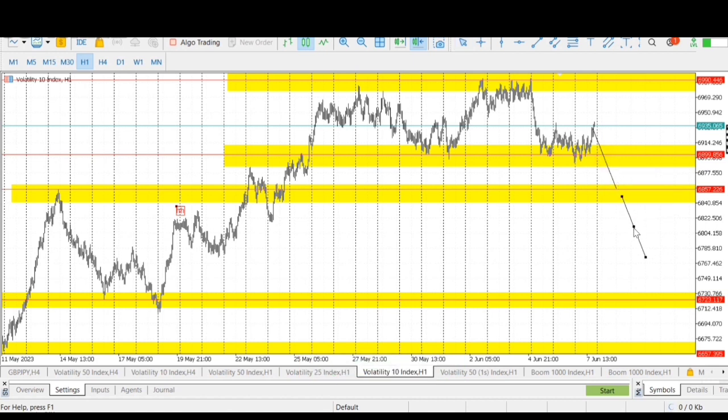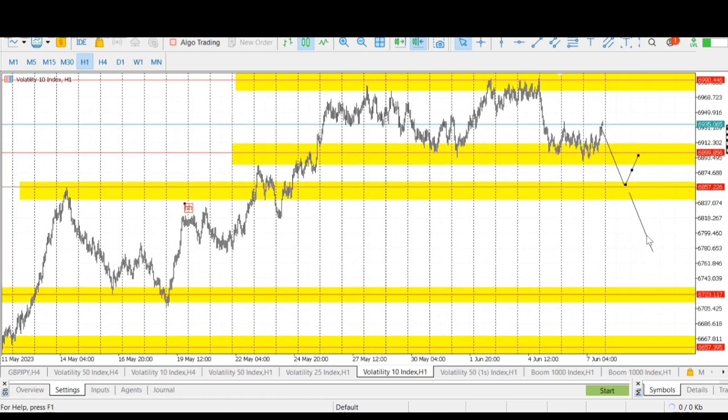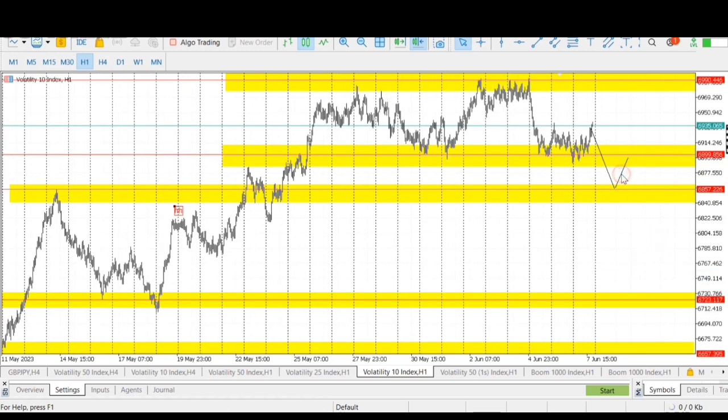Then depending on liquidity and other things I've talked about, I'll see where the liquidity is located. If it breaks structure to here, I'll wait for the retest to this zone, then I will sell at this point here. Regarding that, I've analyzed using BTMM and other tools.